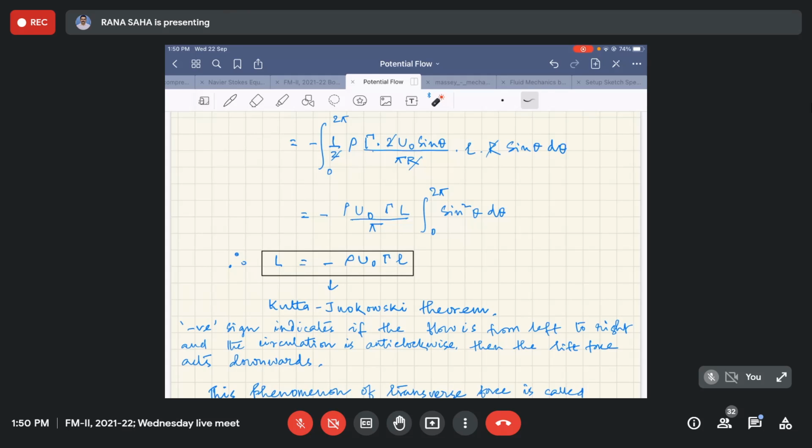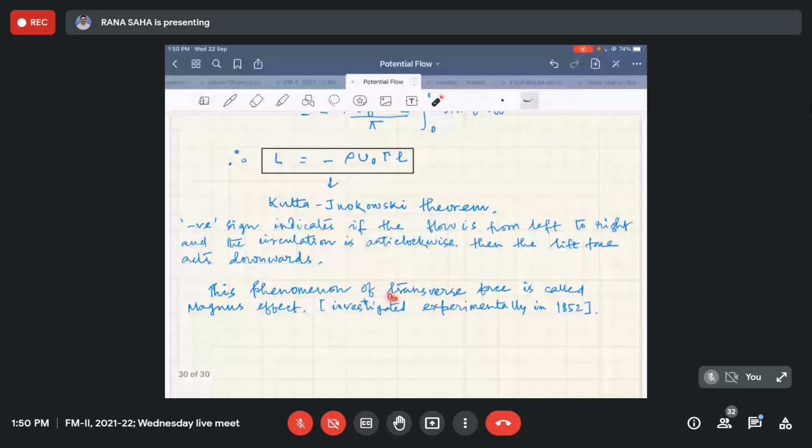That means it will try to drop the cylinder body downwards. So this is a transverse force, normal to the direction of flow, and this phenomenon is known as the Magnus effect. Later this effect has also been observed experimentally.